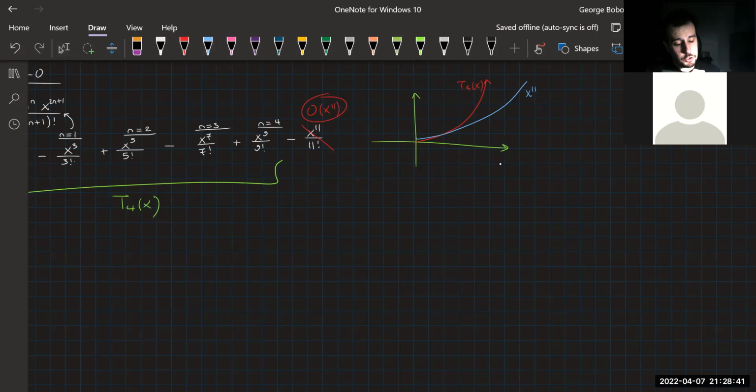And so does x to the 12, x to the 13, x to the 14, and so on. They bound us more and more tightly. So that's the idea here.